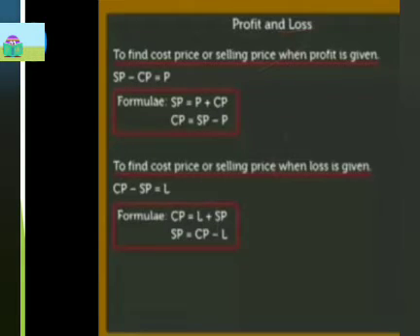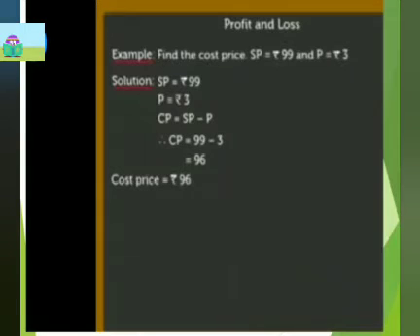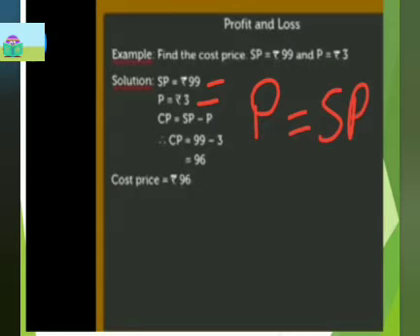Now let's do one question on this. You have to find out the cost price when the selling price is given to you as 99 and the profit is given as rupees 3. So as you know, profit is equal to SP minus CP.